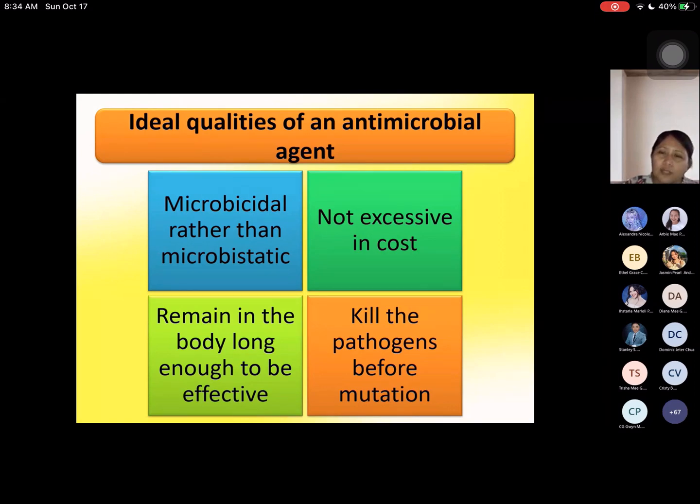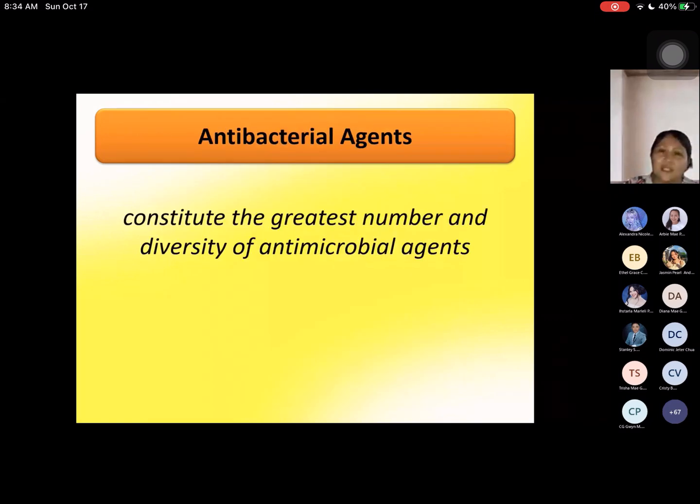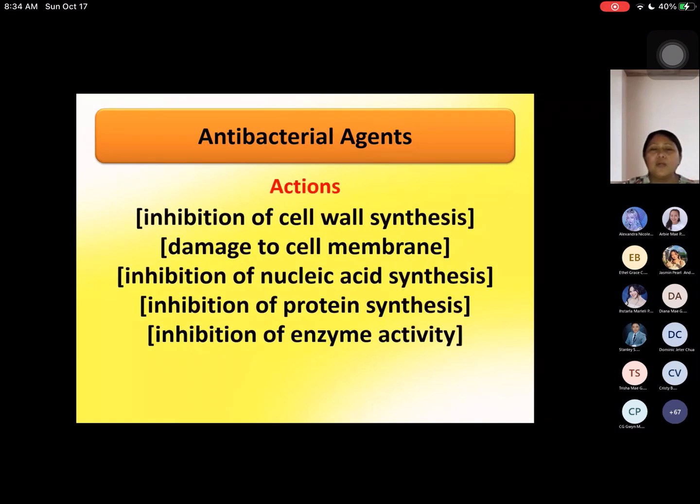So it constitutes the greatest number and diversity of antimicrobial agents. For the mode of action, they usually inhibit cell wall synthesis, damage the cell membrane, inhibit nucleic acid, inhibit protein synthesis, and inhibit enzyme activities, which will be explained in the succeeding slides.